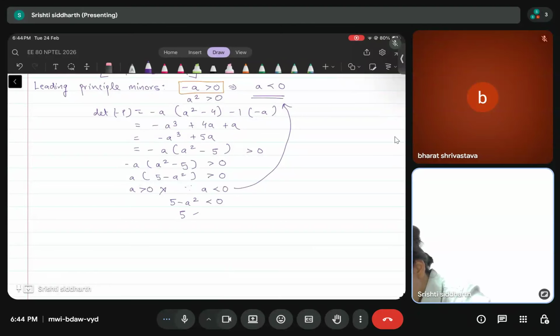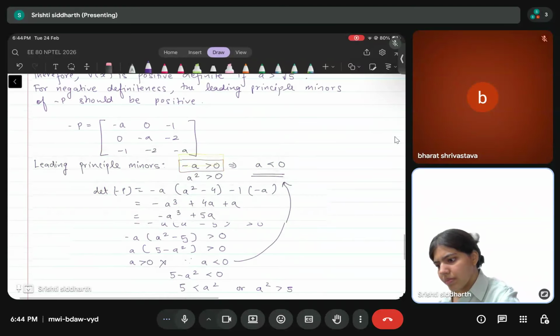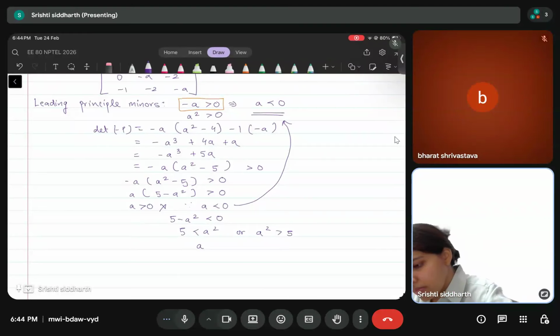Okay, let's see what we get. So this implies that a should be less than minus under root 5.